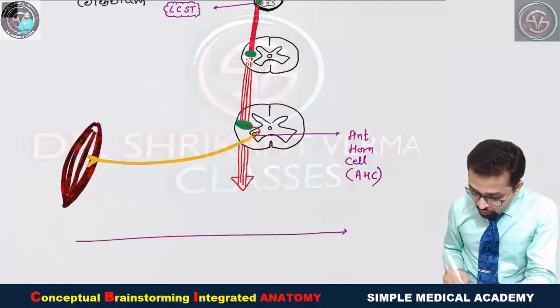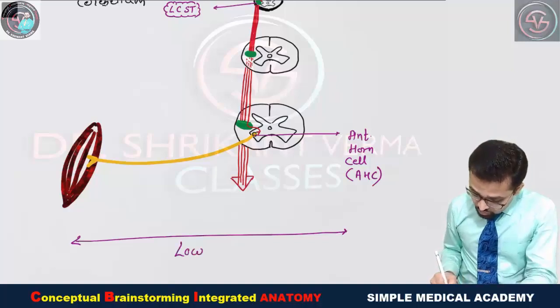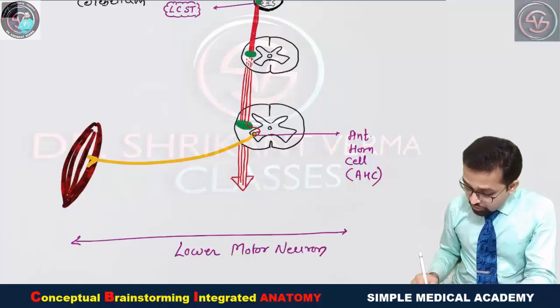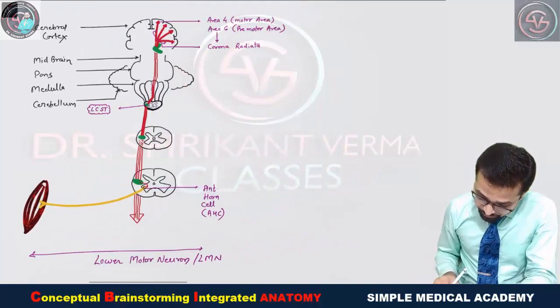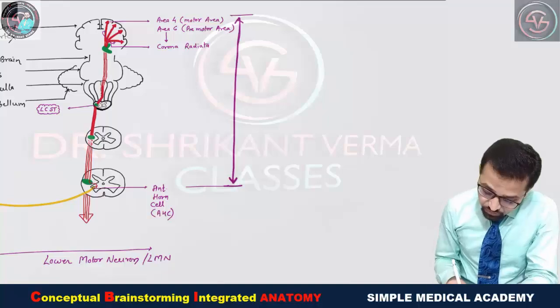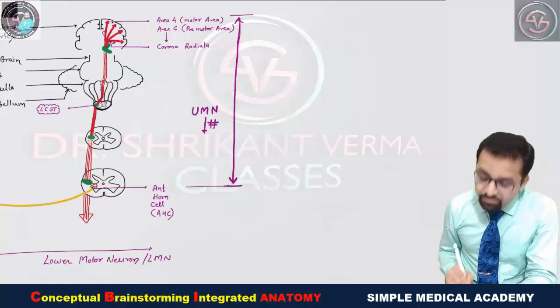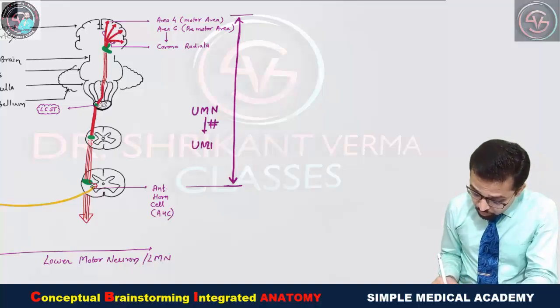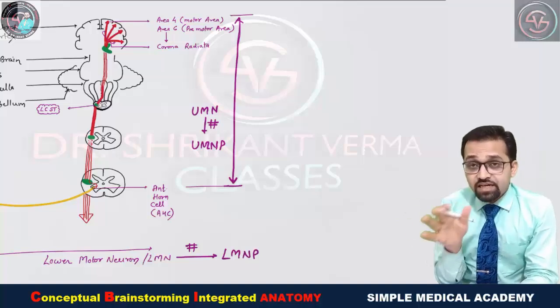The fiber from the anterior horn cell to the muscle is known as lower motor neuron, in short LMN, while the fiber from the cortex up to this anterior horn cell is known as upper motor neuron. As you know, damage to the upper motor neuron is known as upper motor neuron paralysis, and damage to the lower motor neuron is known as lower motor neuron paralysis. We will see these cases in detail later.